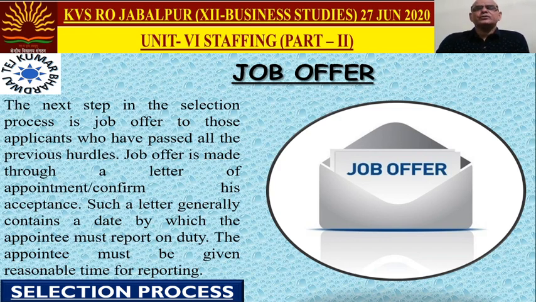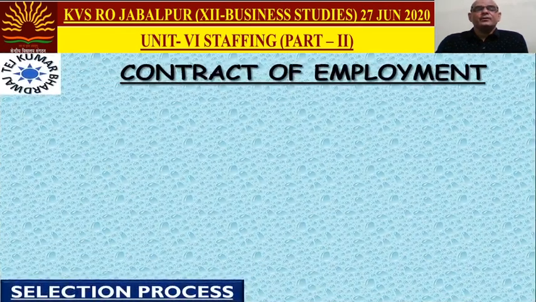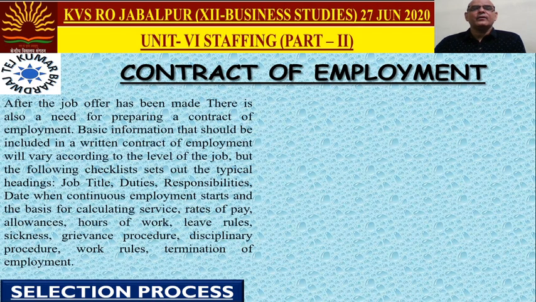Generally, these job offers are given for a specific time period. I mean, within that time period you have to join. And for those who accept the offer, the organization or department signs a contract of employment with the person.